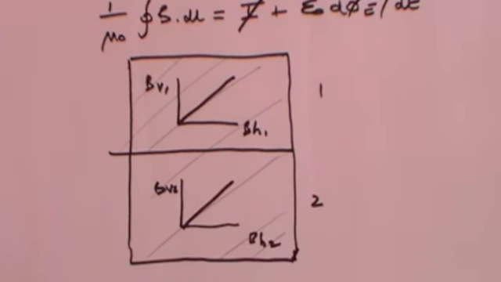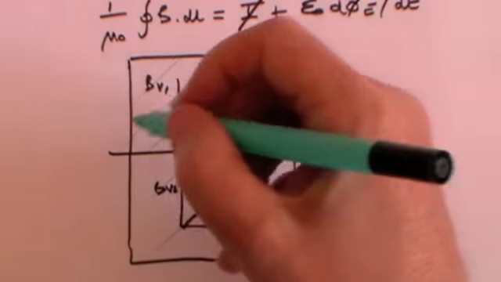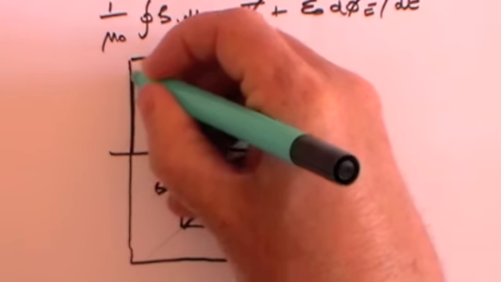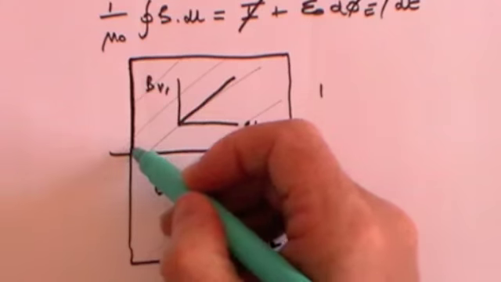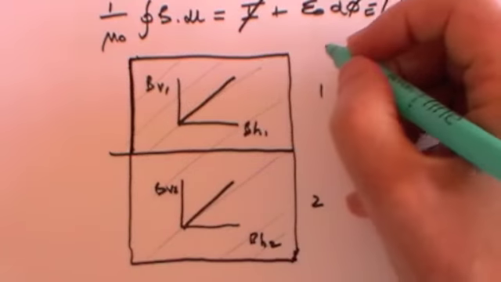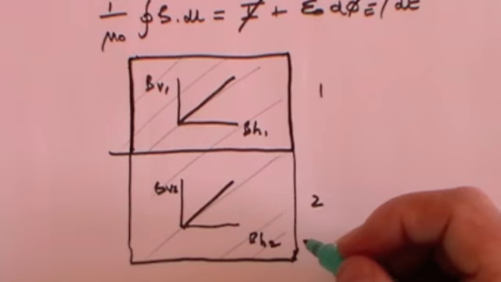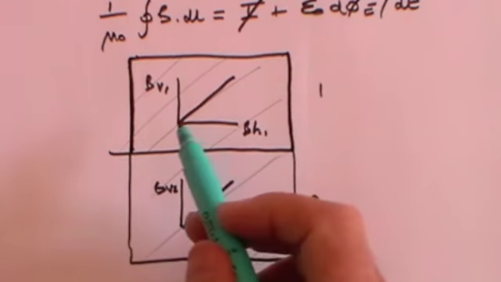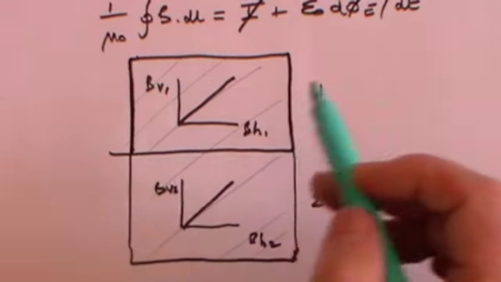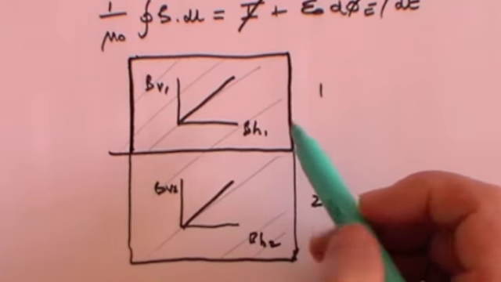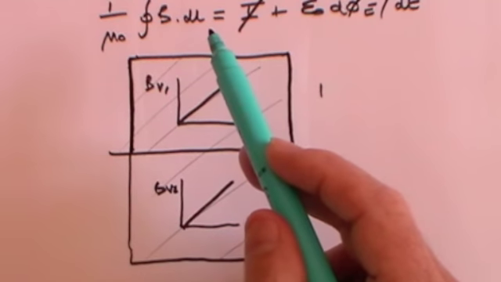So what is that going to be? Well, in exactly the same way as we had before, the contribution of BV1 as we go from here to here will be exactly compensated by the contribution of BV1 when we travel in the opposite direction. There will be no BH1 in those directions because we are going perpendicular, and it's a dot dl term.